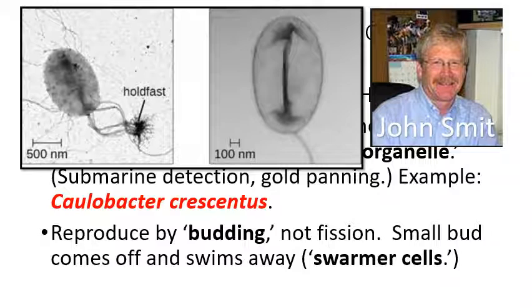But John has this idea that he's been experimenting with, where you mix the gold and the dirt with water and Caulobacter crescentus. The holdfast organelles will latch on to all of these little gold particles and make them float. And then the dirt will just sink to the bottom. And then you can easily separate the gold from the dirt. Right? So that's one possible application.